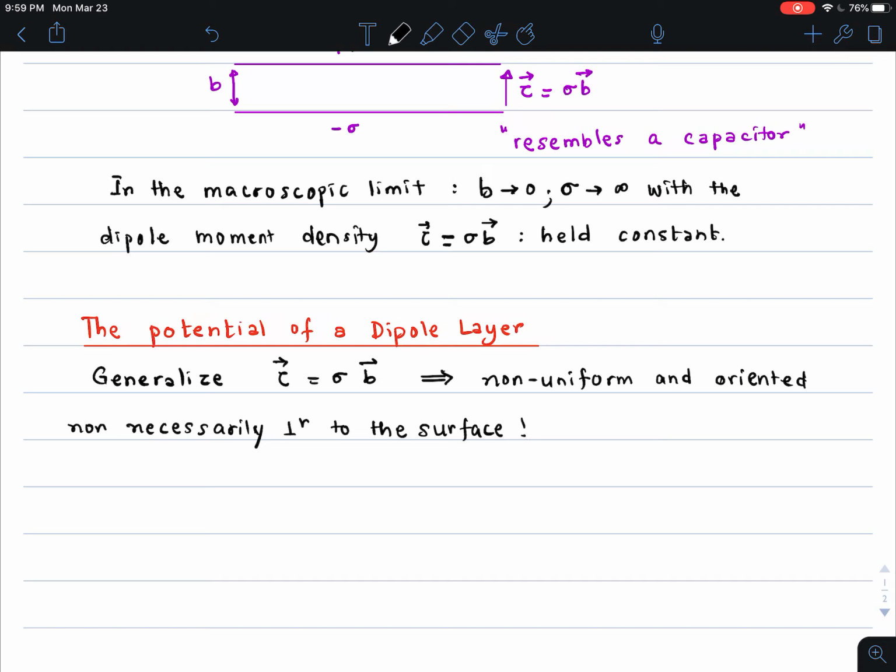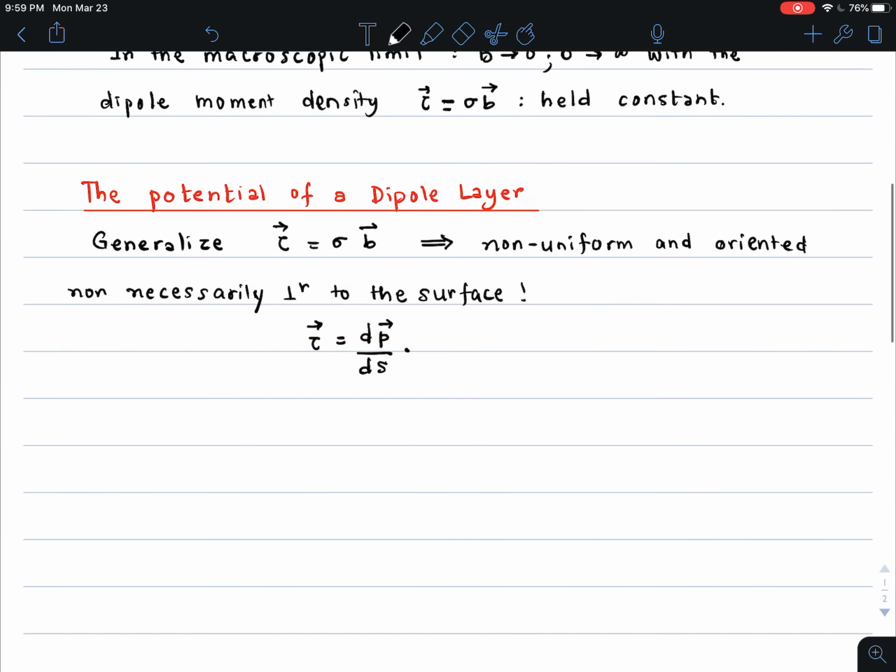So it's neither uniform nor oriented perpendicular, and in that case the tau would be defined as the derivative of p with respect to S. So this is just a generalization of that dipole moment.